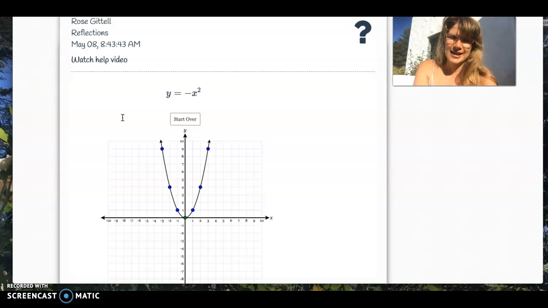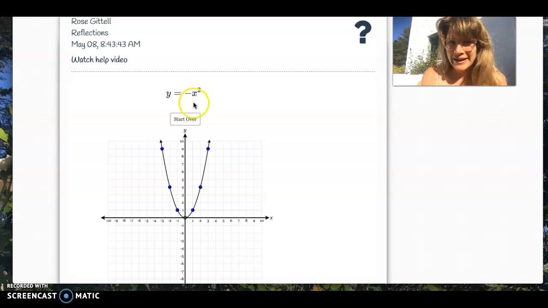So this, inside or outside of the function? The original function, the parent function, would be a quadratic, x squared. And I want to think, is this negative inside or outside the quadratic? This, even though it's like next to the x, it's still considered outside because there's no parentheses.